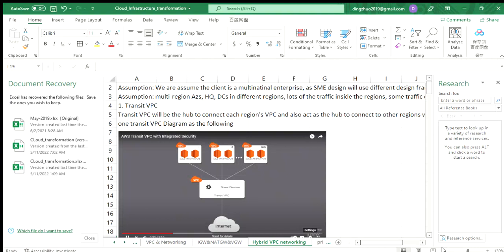A typical global MNC customer is going to have multiple regions, head offices, multiple region data centers, premises, and a global network. They're going to connect them together. They have global file systems, global databases, etc. They're also going to face a lot of demand and a lot of traffic due to the nature of the business scalabilities.